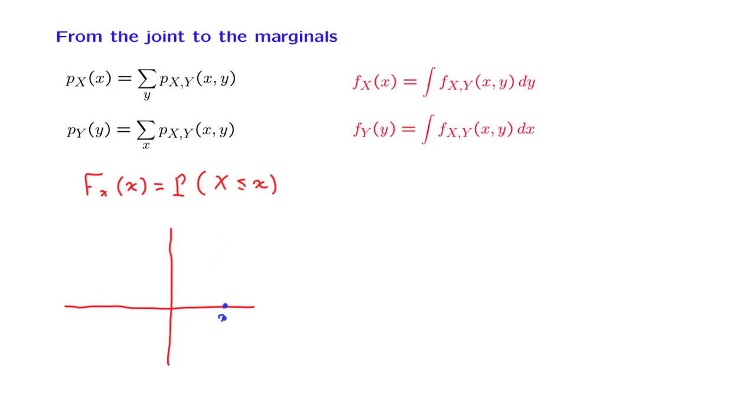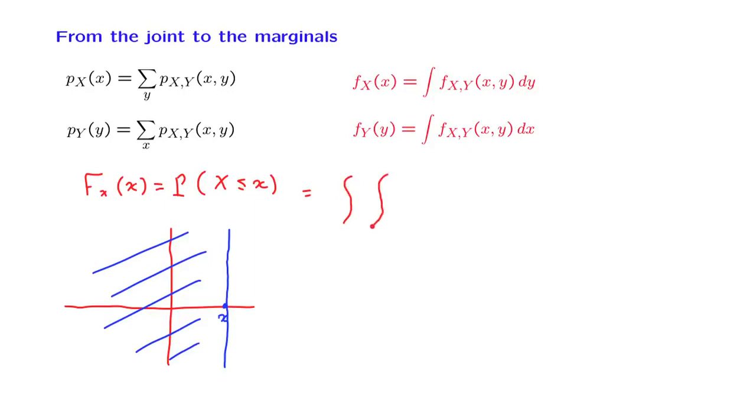If here is the value of little x, then we're talking about the set of all pairs xy for which the x component is less than or equal to a certain number. So we need to integrate over this 2-dimensional set the joint density. So it will be a double integral of the joint density over this particular 2-dimensional set.